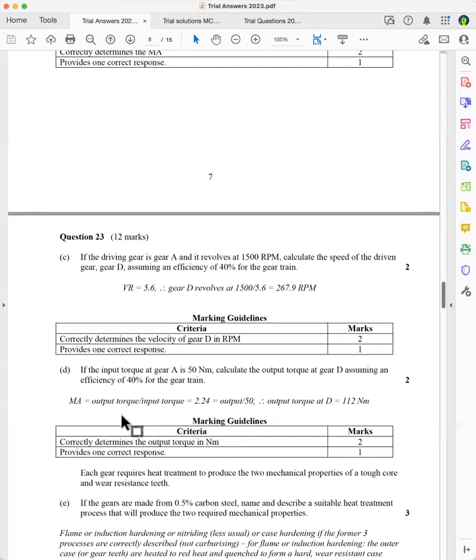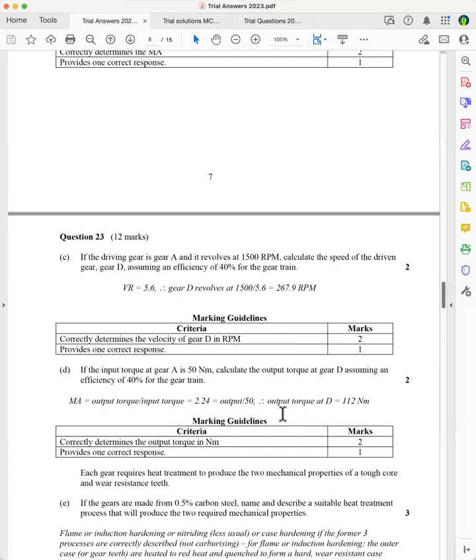So the mechanical advantage is equal to load or output torque over effort or input torque. And that equals 2.24 because we're taking efficiency into account. And so you can work out that the output torque at D is 112 Newton meters.